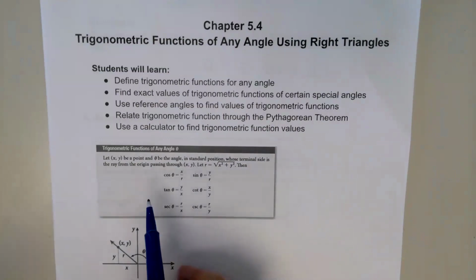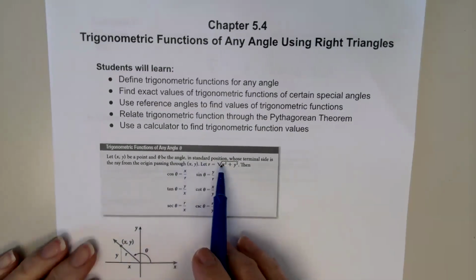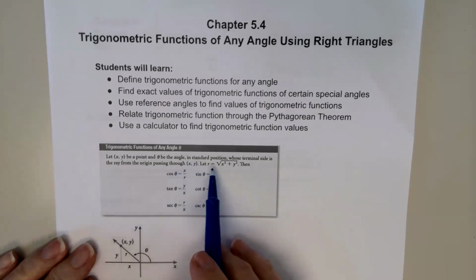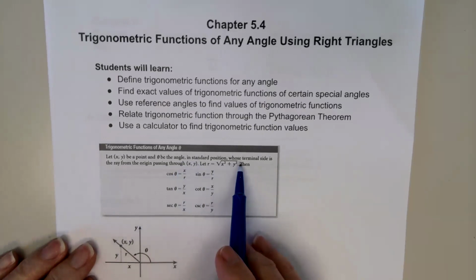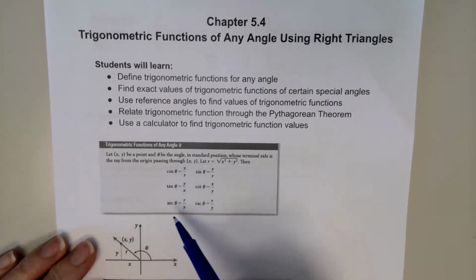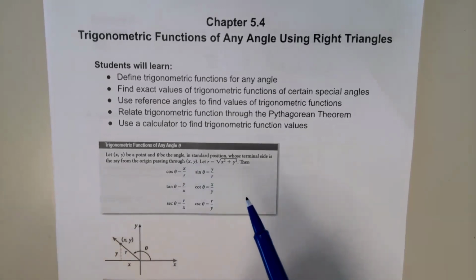So, if we have any point x, y, and theta is the angle in standard position, whose terminal side is the ray from the origin passing through that point, let the radius be equal to the square root of x squared plus y squared. And if that's true, then we know these values for cosine, sine, tangent, cotangent, secant, and cosecant.